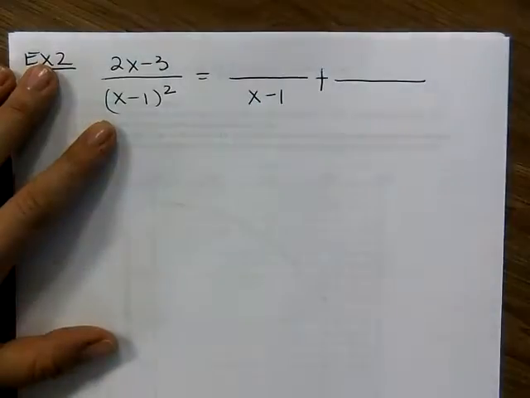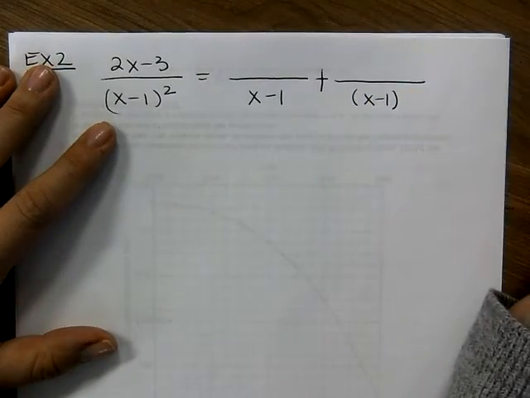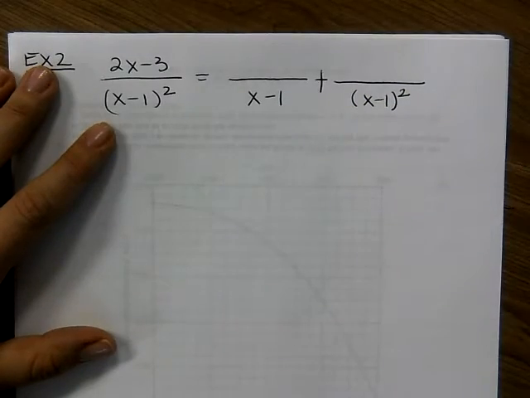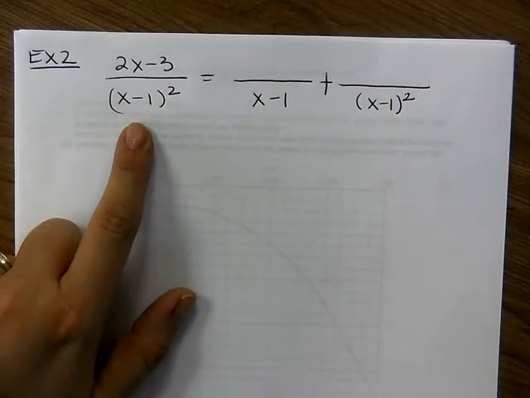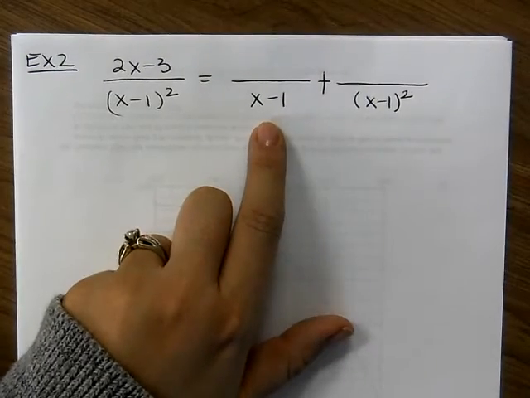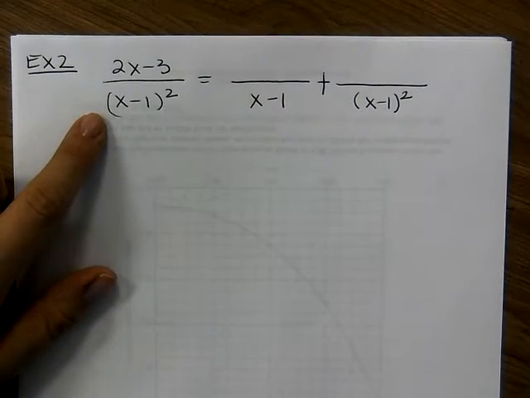x minus 1 and x minus 1 squared. Right, it can't be x minus 1 and x minus 1, otherwise this would be an x minus 1. It can't be x minus 1 squared and x minus 1 squared, otherwise we would have nothing to do.